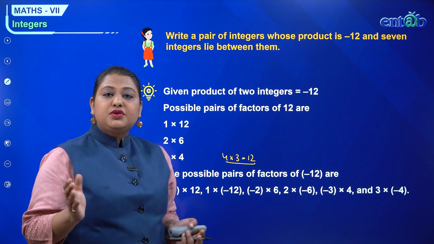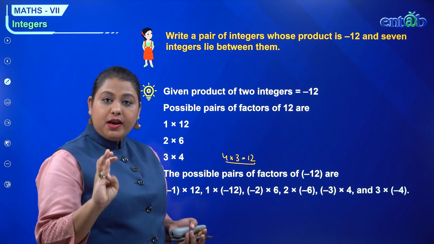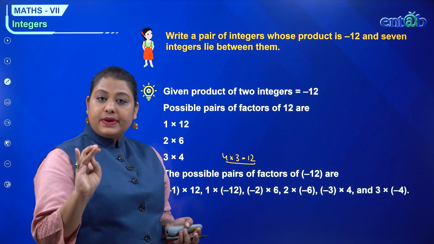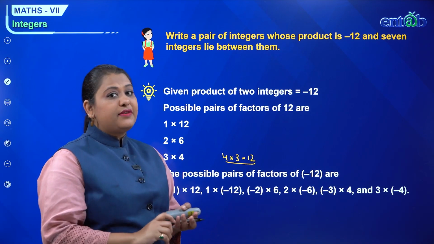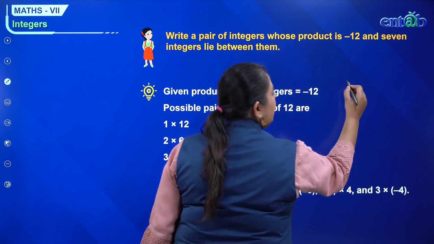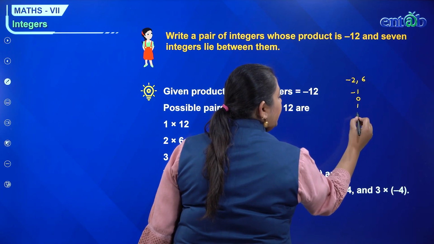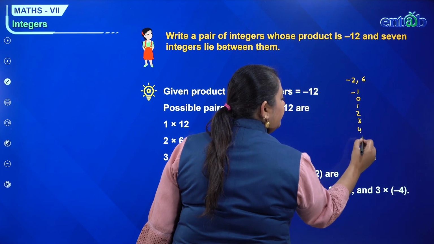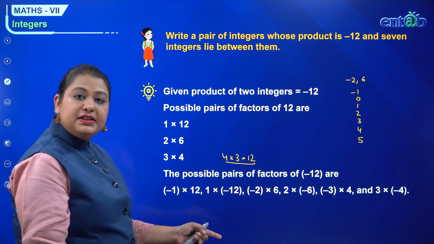So between minus 2 and 6, I have minus 1, 0, 1, 2, 3, 4 and 5. I have 7 integers. So let's write them down. Between minus 2 and 6, I have minus 1, 0, 1, 2, 3, 4, 5, right? So these are the 7 integers I have.